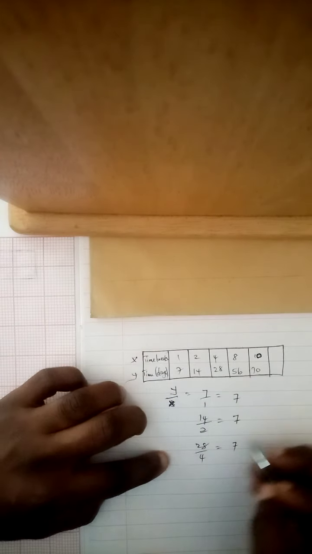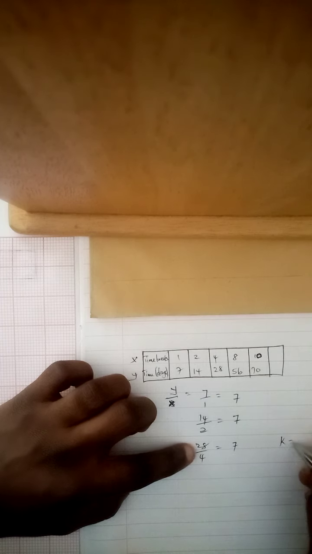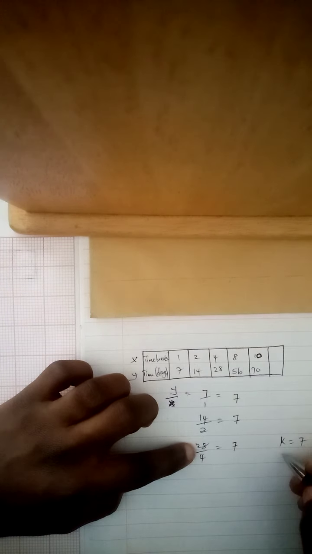So what it means is that our k is 7, then our slope is equal to 7 as well. Can you see? So that being done, we want to use this and make a graph. Look at the graph here.